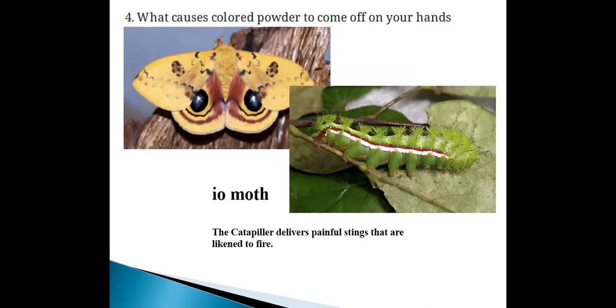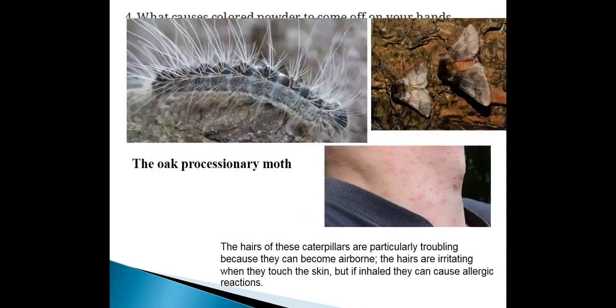You should be careful that you're not wearing long dresses. Always wear pants or something, and be careful that you're not coming across these kinds of moths in the garden.